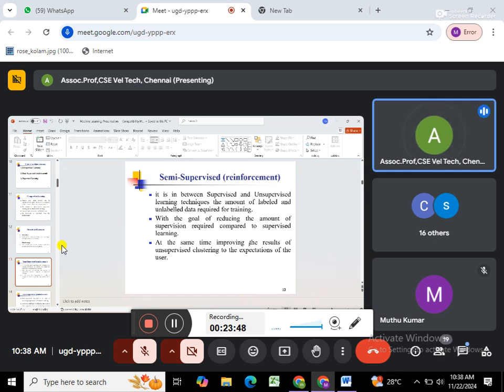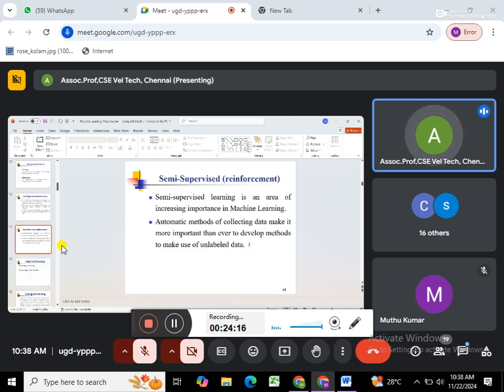Unsupervised clustering also has problems in improving the results and the expectations of the user. That expectation is also going to be reduced. For that only we have these intermediary approaches, in between, reducing the amount of supervision. The results of unsupervised clustering also have that problem. For that only we are developing this one.